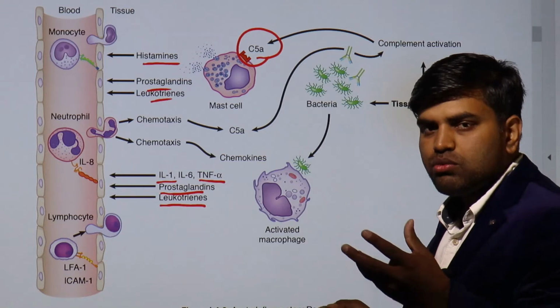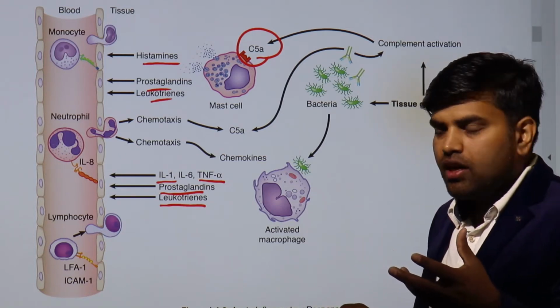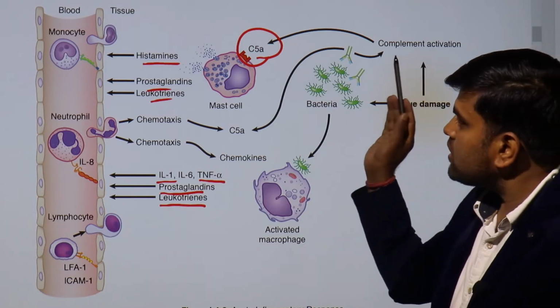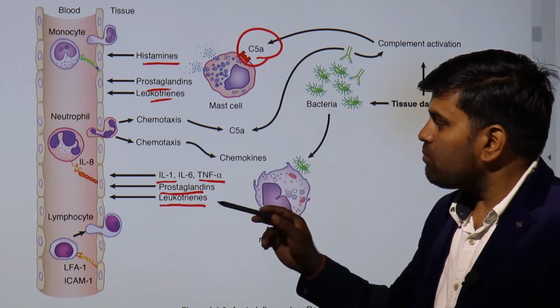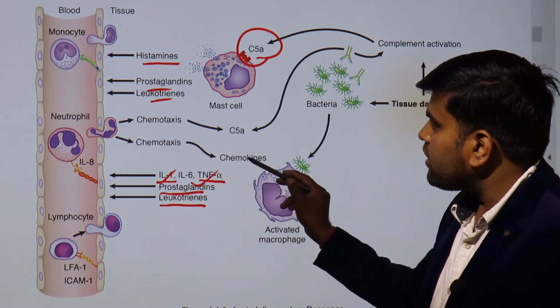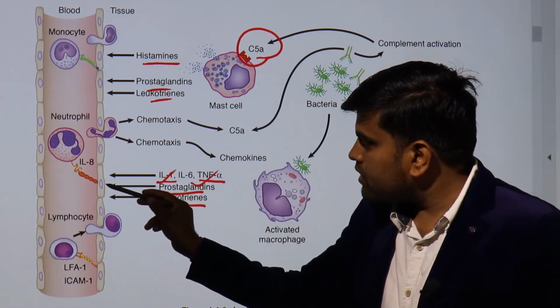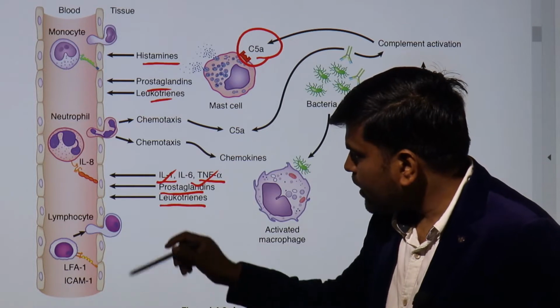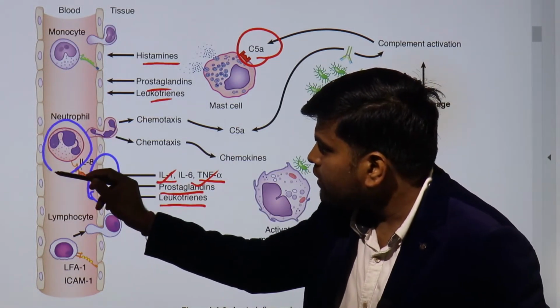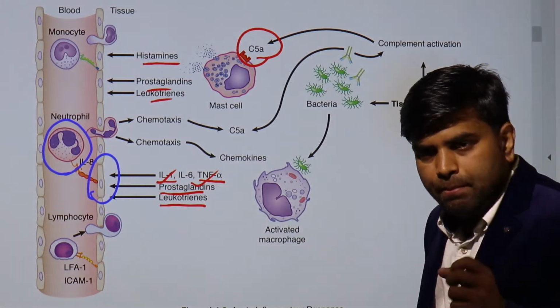Initially the blood flow should be normal, laminar, but when there is tissue damage and chemical signals are sent to your blood vessel, then interleukin 1 and TNF alpha cause a configuration change on the endothelial cell as well as on the neutrophil.